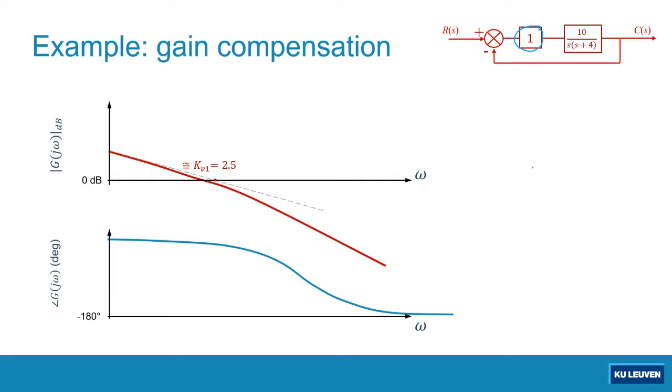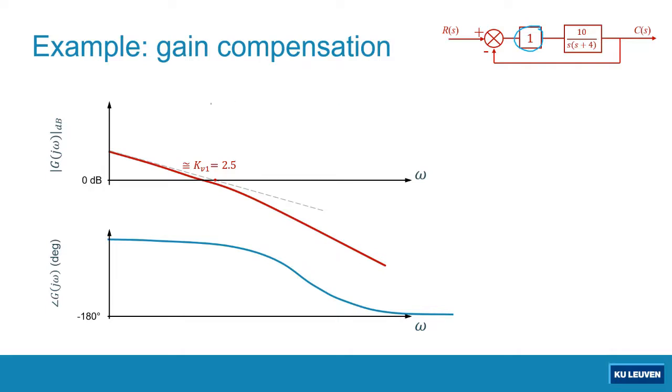We can estimate also from this magnitude plot what the static velocity error constant is. We have already discussed it in the previous video: how to estimate the static error constant based on the magnitude plot of the open loop transfer function.